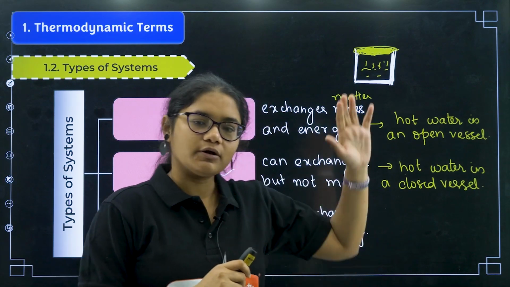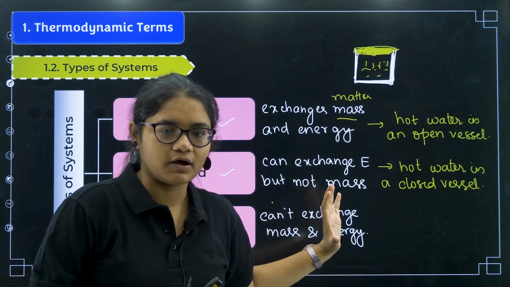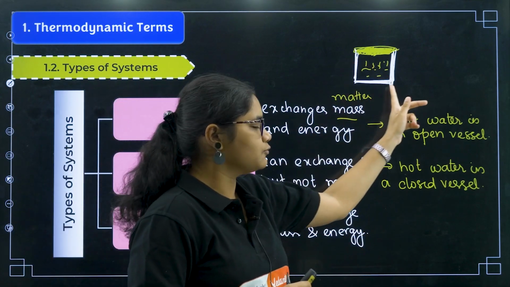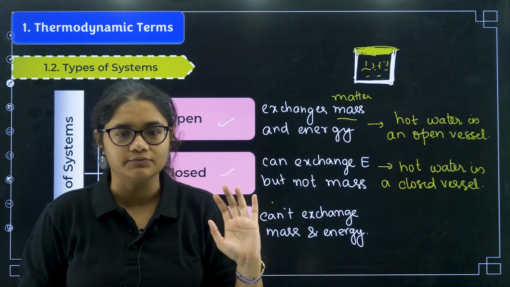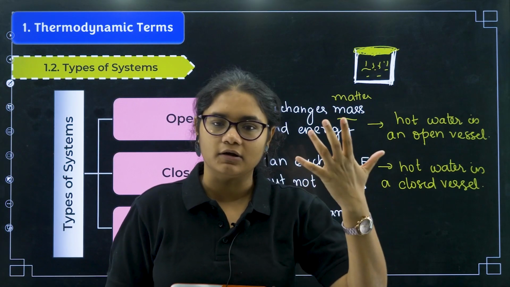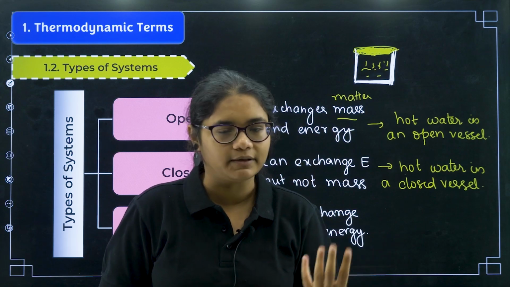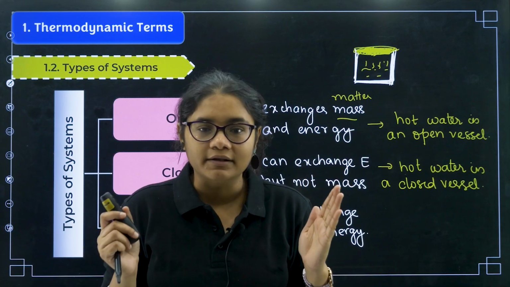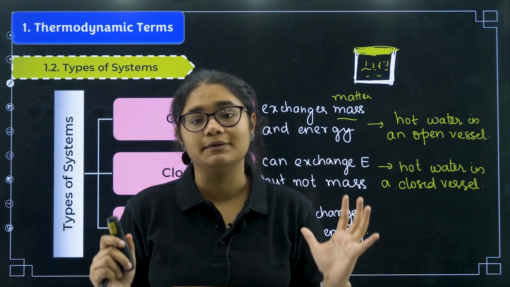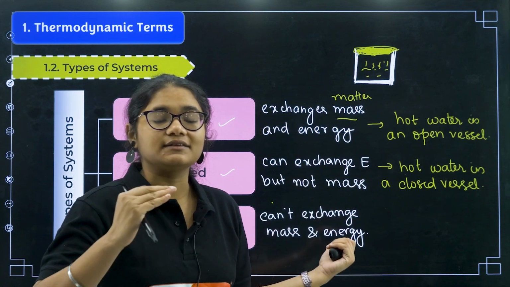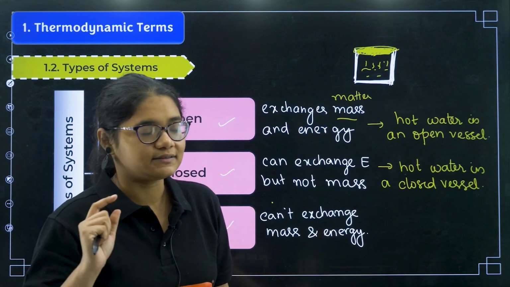That means, because it is closed, there is no exchange of matter, and because of its wall there is no exchange of energy either. Yes, after 1 day or 2 days, that hot water will also become cold, but for a certain period of time there is no exchange of matter as well as energy. Such systems are called isolated systems.